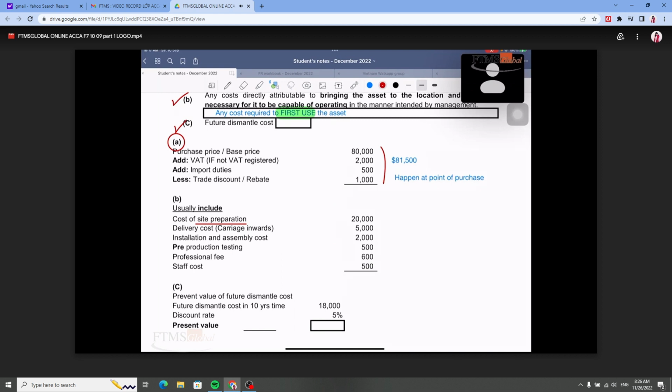So big until you occupy the whole level 2 of the building. So before you bring the machine into level 2, you have to ensure that the floor is even. Floor, F-L-O-O-R. You have to ensure that the floor is even before you can bring in the machine. Okay, so that is example of cost of site preparation.